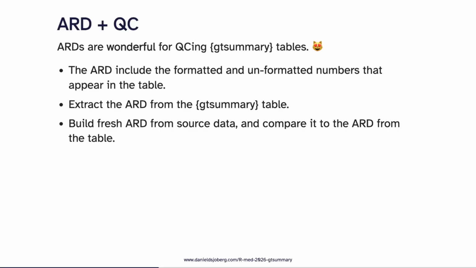So like I said, you can extract the ARD from any gtsummary table. And there are various ways you can QC things. But what you want at the end of the day is you want things to be easily QC'd. So in many situations, what you're doing is you're QCing a table at one point in your study, but you're often accruing more information all the time.